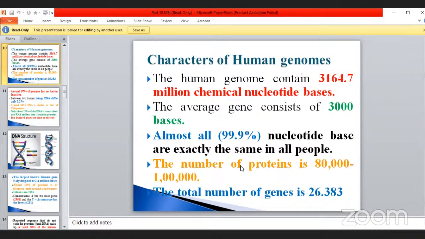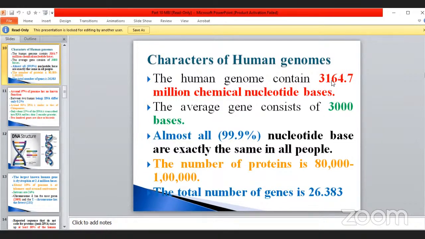From this, the number of proteins is how much? 80,000 to 1 lakh. How many proteins are present in your body? 80,000 to 1 lakh proteins are present. The total number of genes is 26,383.